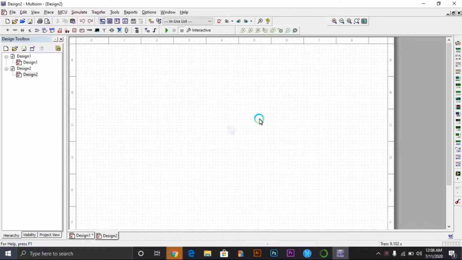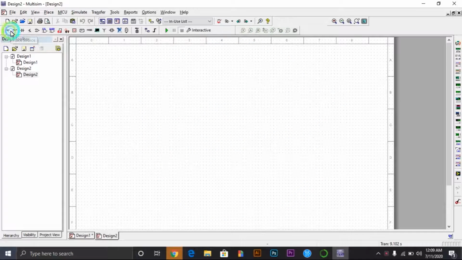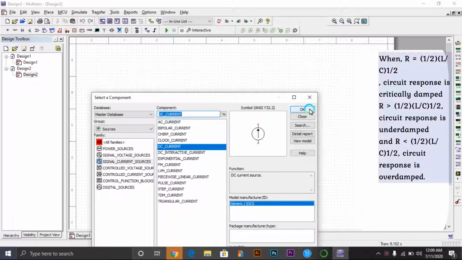In the last part, let's see the step response of a parallel circuit. In this case, we are going to choose a DC current source. Why we are choosing the DC current source, not the DC voltage source? Because while using the DC voltage source, you are going to get an error like inductor is overlooping, etc. So we are choosing DC current source.